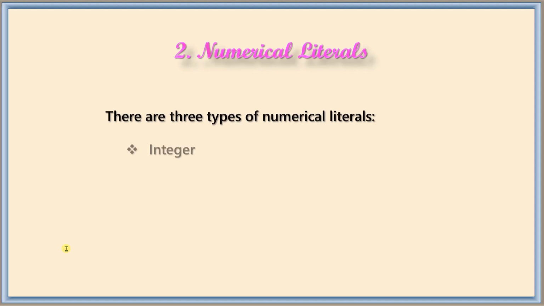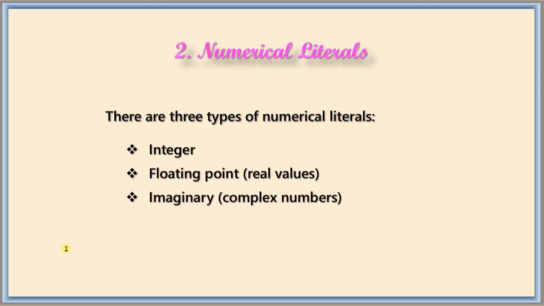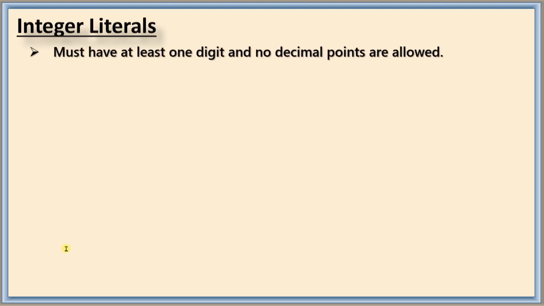Now we will see numerical literals. There are 3 types of numerical literals: integer literals, floating point, that is real values, and imaginary, or part of complex numbers. Integer literals must have at least 1 digit and there will not be any fractional part with that.